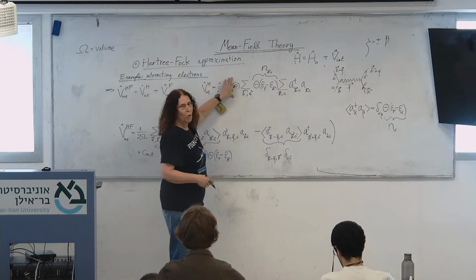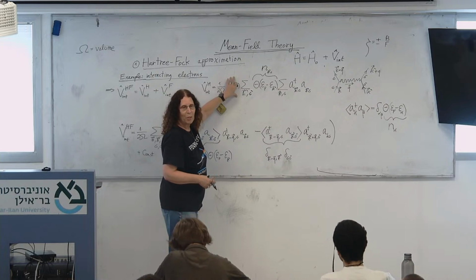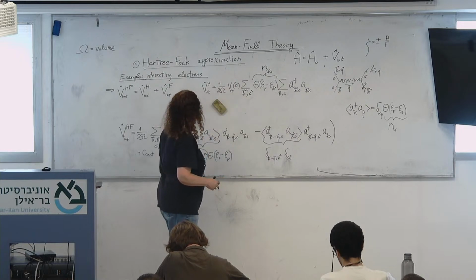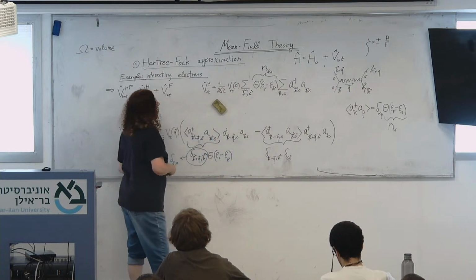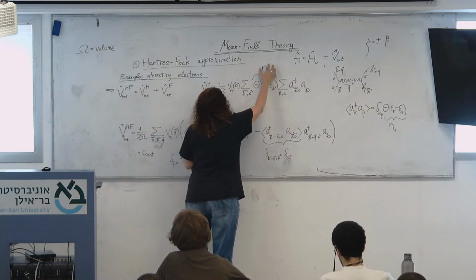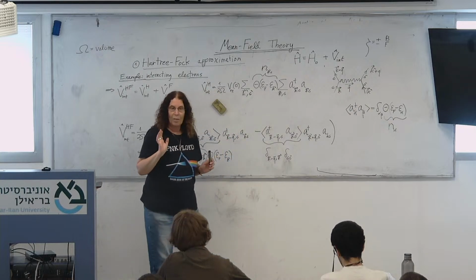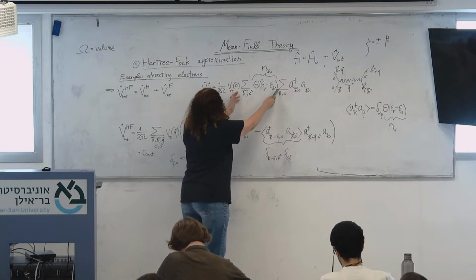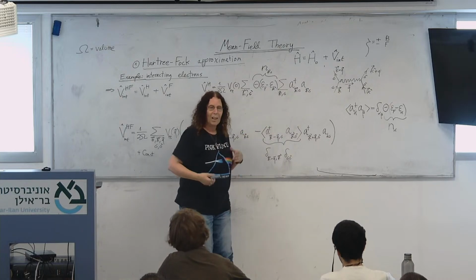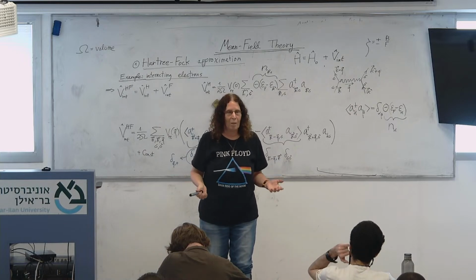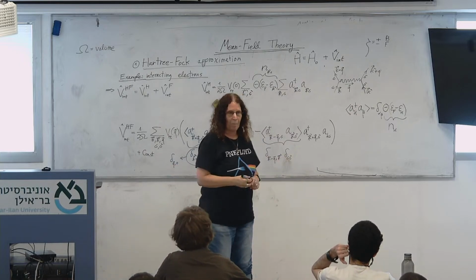Actually, for Coulomb interaction, it's kind of divergent, but let's not worry about it, because in reality there is, okay, let's soon interpret this thing and see what it does. But what is this? First of all, it's a number. Moreover, it's the total number of electrons in the system.